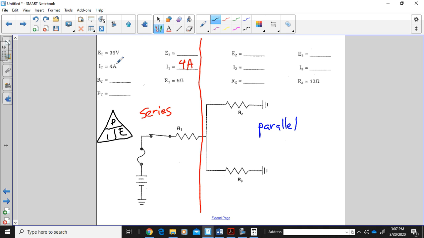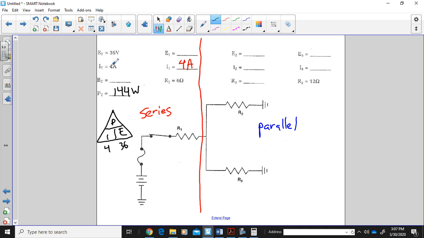So we have I and E, so we can do 4 times 36. 4, carry the 2, 144. Power is measured in watts. So you could start with either that one or that one. We can do them both.